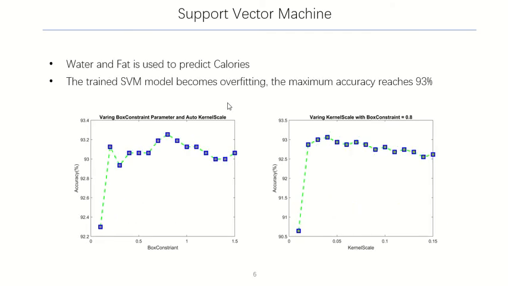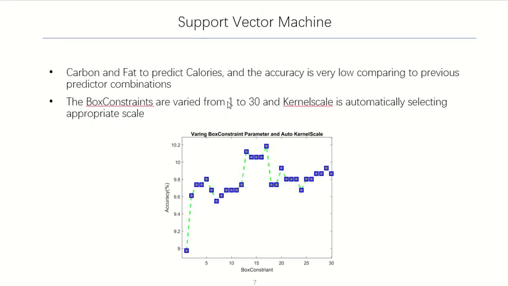Next, I used the water and fat to predict the calories. For this combination, the trained SVM model becomes a little bit overfitting, so the maximum accuracy can actually reach 93%.